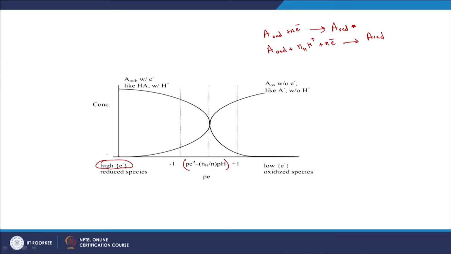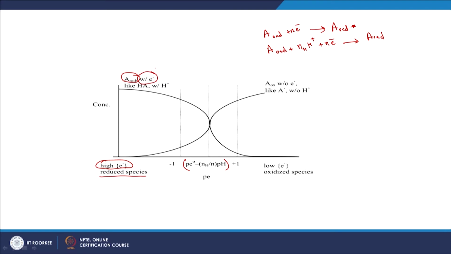When pe is less than this particular reference, what would that mean? It means that pe is very low. Very low pe means high activity of electrons. If electron activity is high, that would promote formation of your reduced species. So, the reduced form would predominate, the compound with the electron.